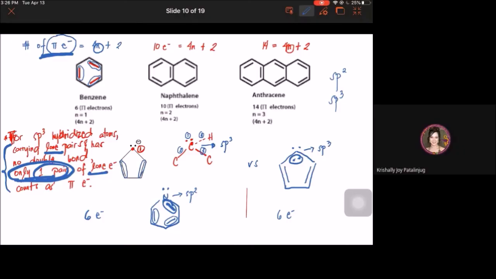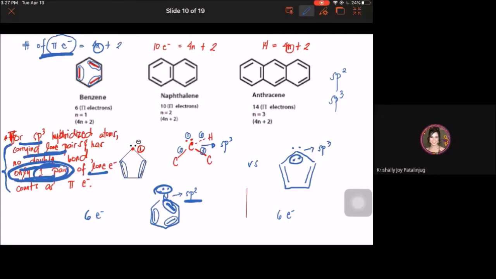So, let me dictate this. For an sp2 hybridized atom carrying a lone pair but with a double bond, that pair of lone electrons will not be counted as pi electrons.